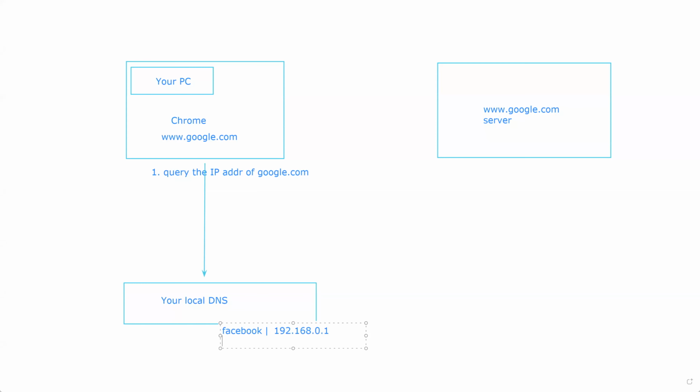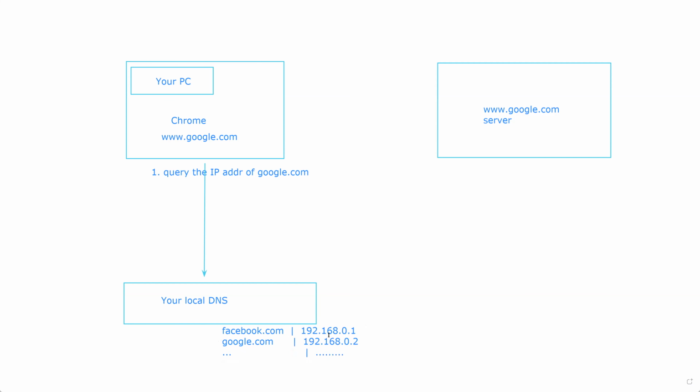And this one is Google. And something like this. And every time you come to here and ask what is the IP address of this domain, then it will give you this kind of information. It will give you an IP address, so you can visit this IP address directly. But of course, in here, just for example, the IP address is incorrect.